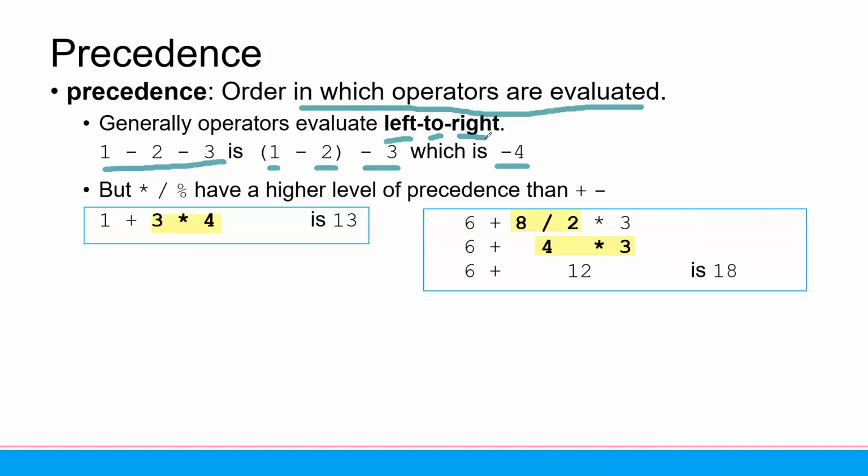However, in computer programming, multiply, division, and modulus have a higher level of precedence than plus and minus. 1 plus 3 multiplied by 4 is 13. Maybe you will ask, why is it not 16?